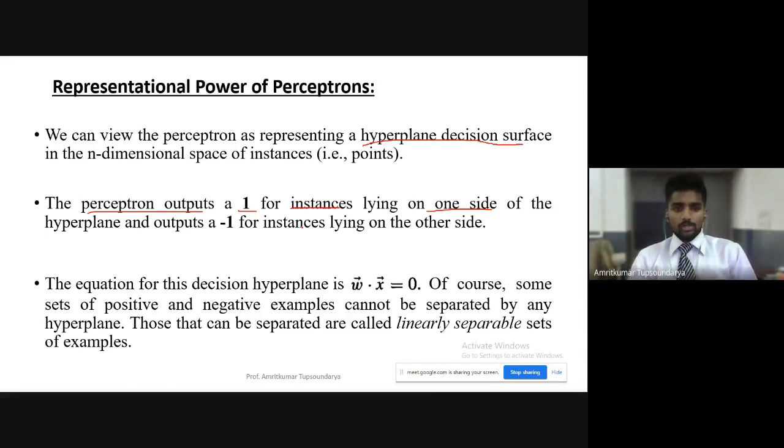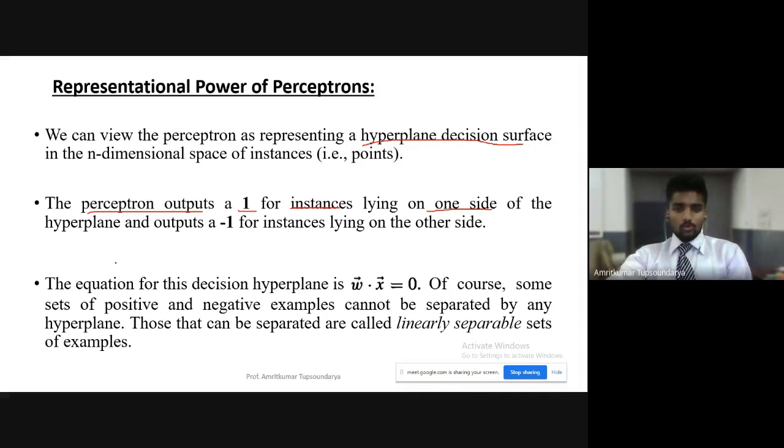So in other words, one is for the instances lying on one side of the hyperplane, which is our threshold, and minus one for the instances on the other side.